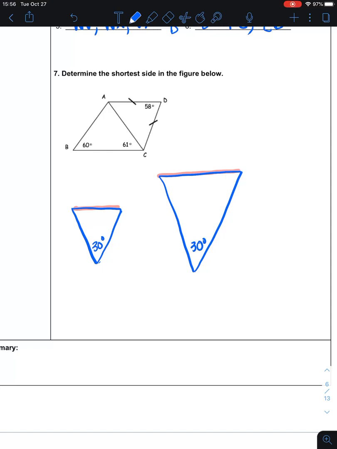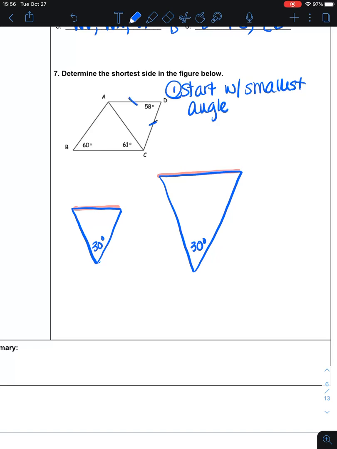So I'll show you why I showed you that. Let's look at this. I want to determine the shortest side in the figure. The way that you do that is you need to start with the smallest angle in the picture. We don't have all the angles, and since we don't have them all, we need to find them all.